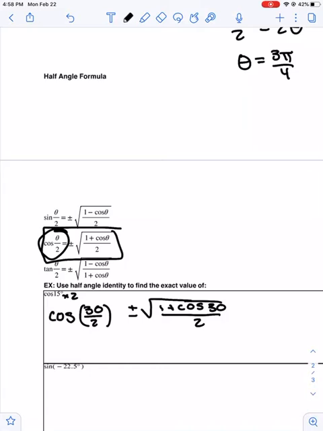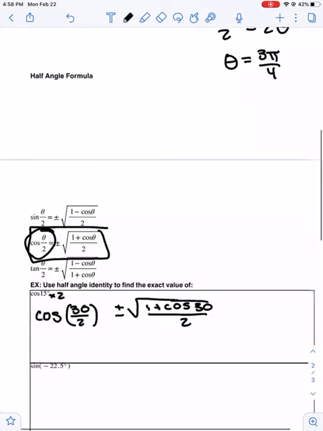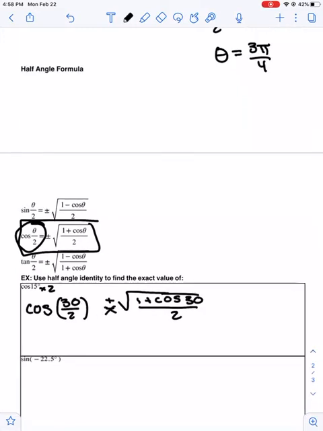Since 15 degrees is in quadrant 1, we know that cosine is positive in quadrant 1, so we get rid of the negative. And then the cosine of 30 is root 3 over 2. So this is 1 plus root 3 over 2, over 2, all square rooted.